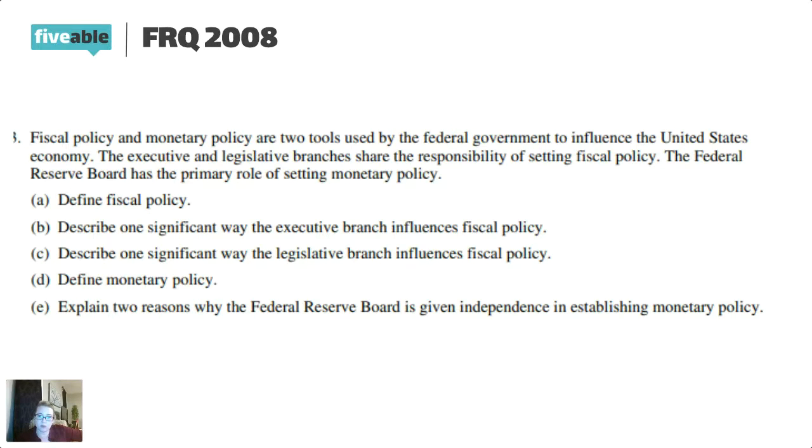So you want them to be insulated. You want to have experts. Because they're experts, they can make economic policies efficiently.